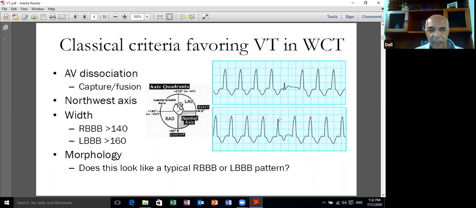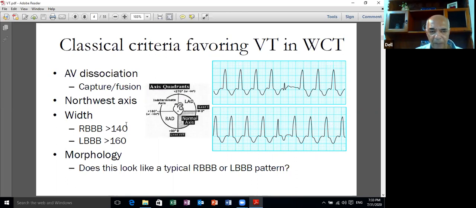The second thing, a northwest axis, is an axis located in the upper right quadrant, in this area. I hope you can see the arrow here. If you transect the right bundle, you get a QRS complex less than 140. So if it's more than 140 and right bundle-like in morphology, this is in favor of ventricular tachycardia.